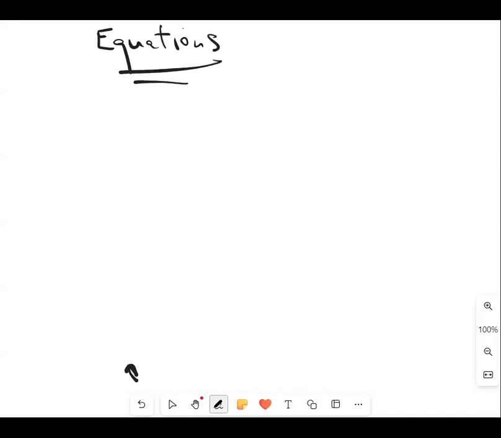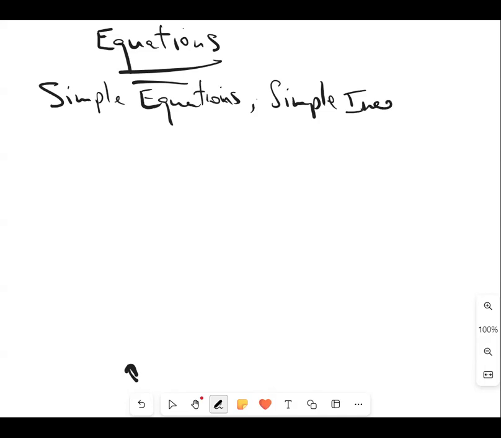So I'm going to take a little time this evening to talk about simple equations, but maybe even simple inequalities. So you try to touch on both of these. So let's start talking about simple equations.